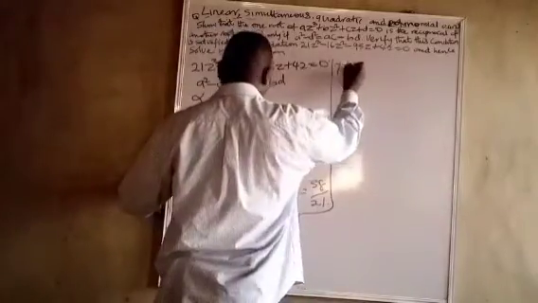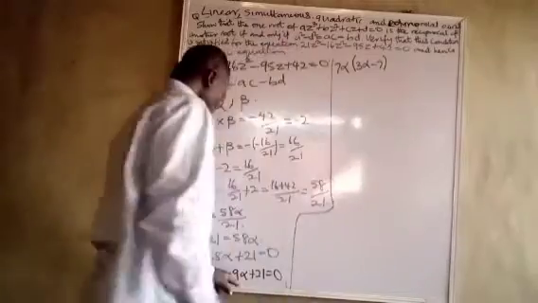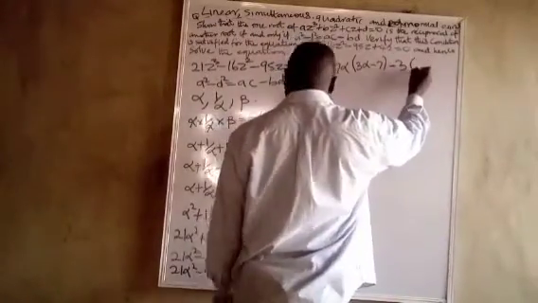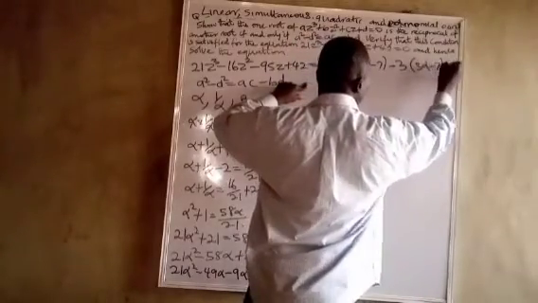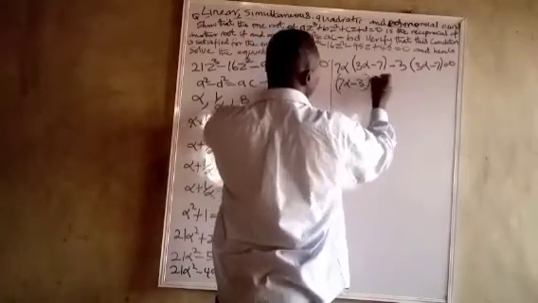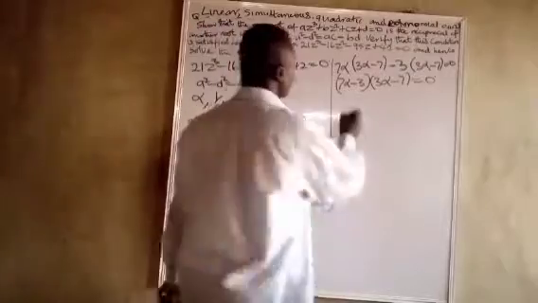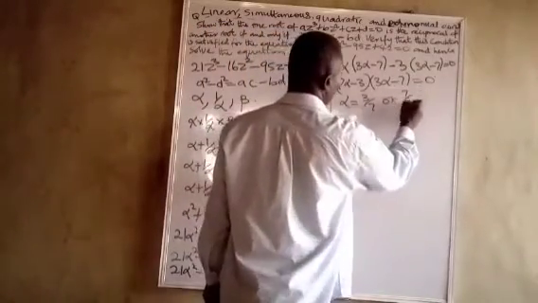So 7 alpha into 3 alpha minus 7, and here minus 3 into 3 alpha minus 7 equals 0. So I have 7 alpha minus 3 into 3 alpha minus 7 equals 0. So alpha equals 3 over 7 or 7 over 3.